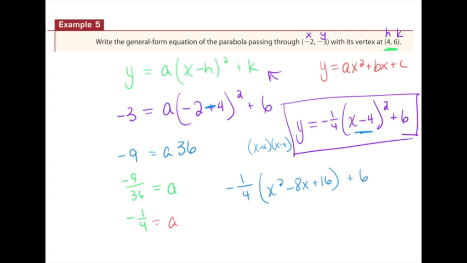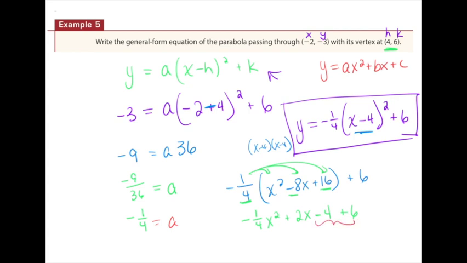I'm going to distribute through. And they were nice and gave me a 4. So -1/4 x squared. -1/4 times -8, that's going to give me a +2. Just 8 divided by 4. +16 divided by -4 is going to give me a -4. And I still have a plus 6. What can I do with the -4 and the plus 6?